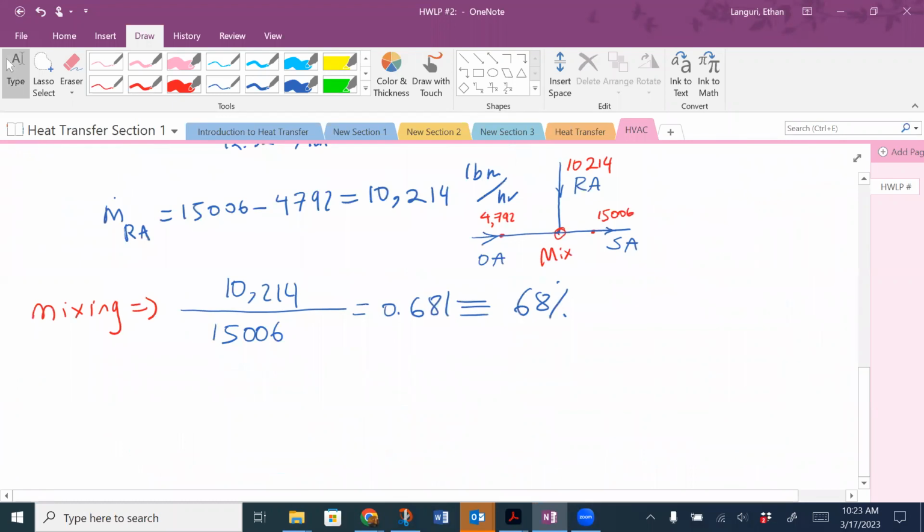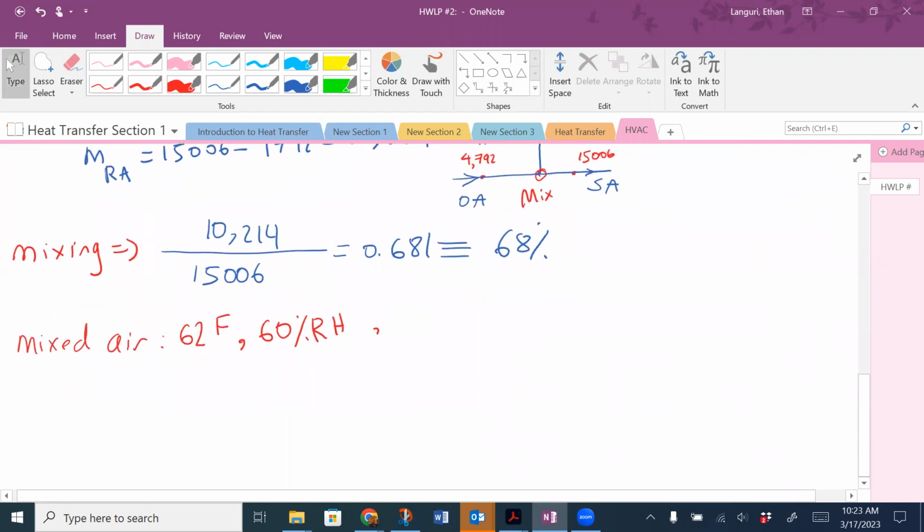From the psych chart, my mixed air has 62 degrees Fahrenheit dry bulb, 60% RH, and of course, I can find the enthalpy of my return air that I will use, and W of return air that I will use in the next section.